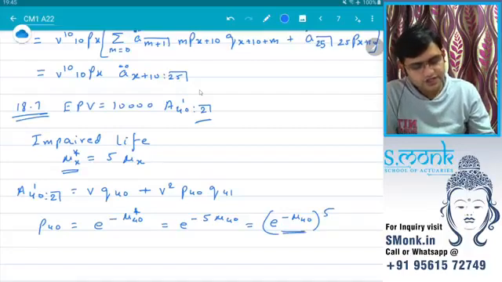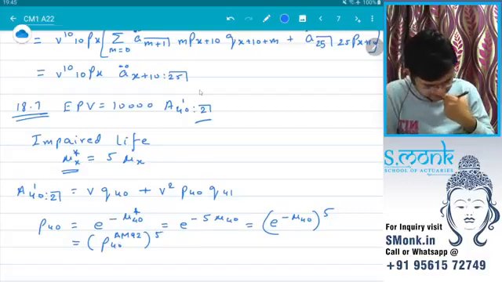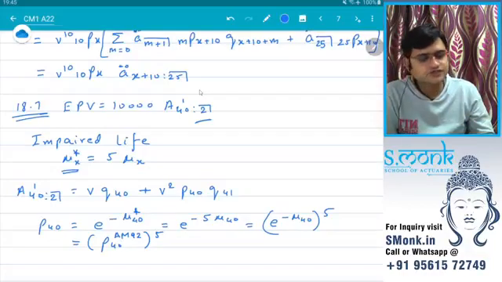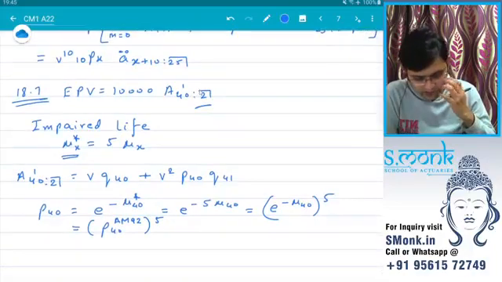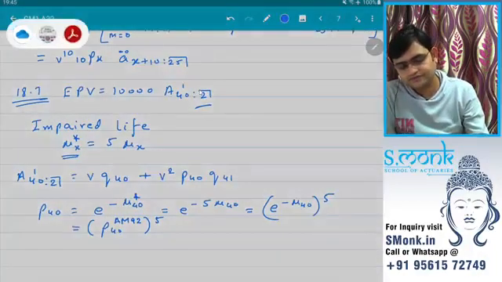This is the AM92 mortality value. So I will say this is P40 for AM92 raised to 5, because we are assuming constant force of mortality. Okay. So let's take AM92 P40.